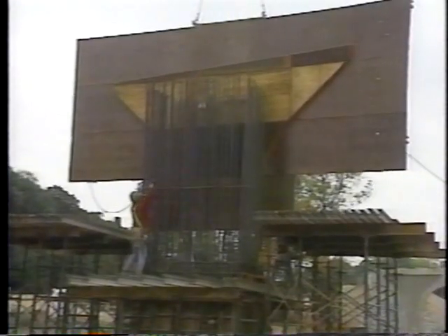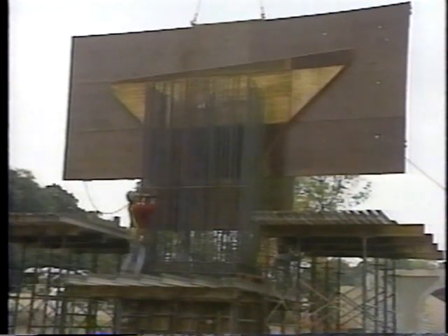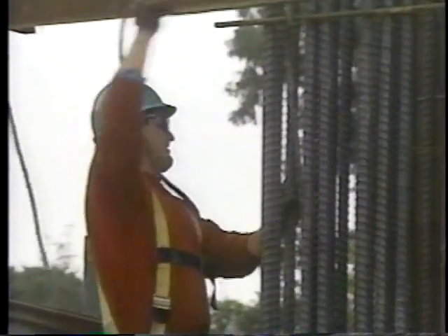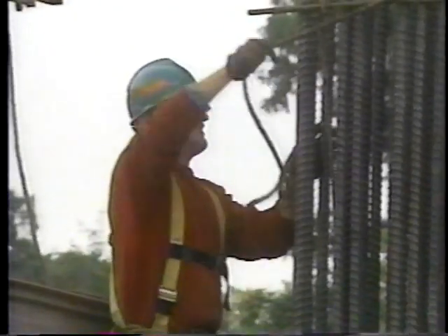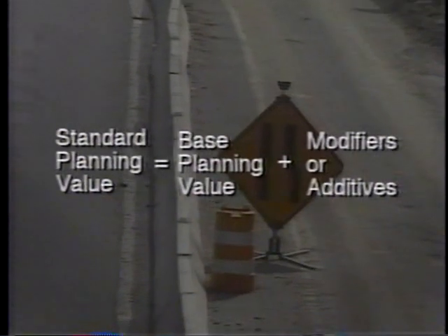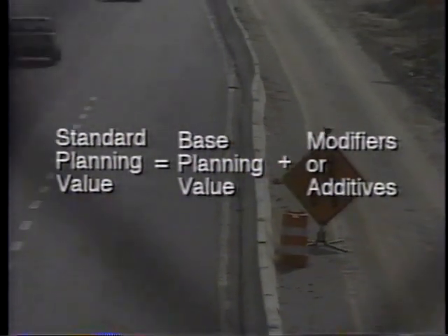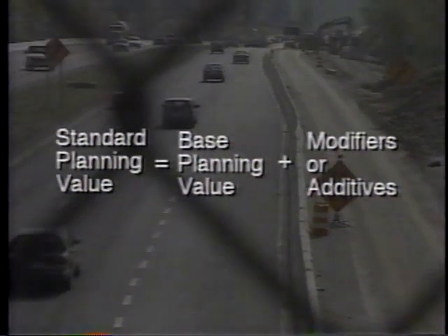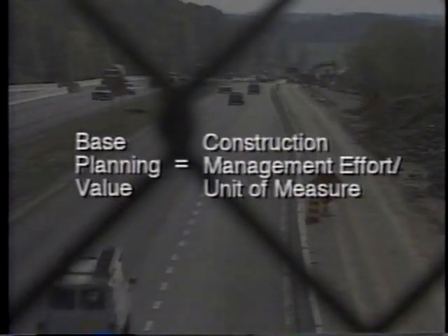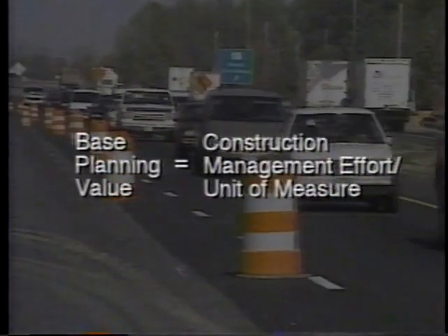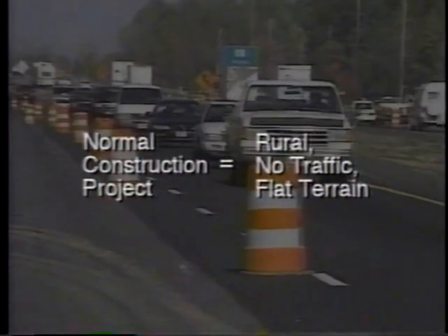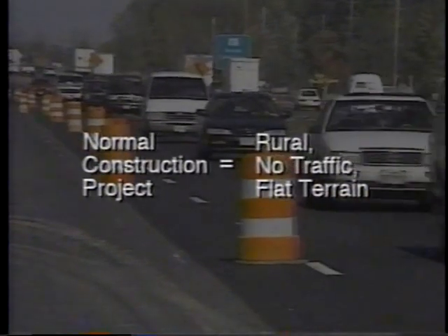A standard planning value is developed for each of the individual activities in the master list. The standard planning value is composed of a base planning value and modifiers, or additives. The base planning value represents the construction management effort per unit of measure on a normal construction project.